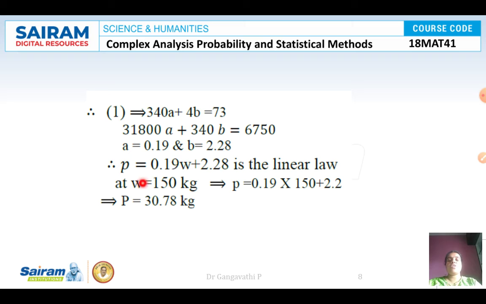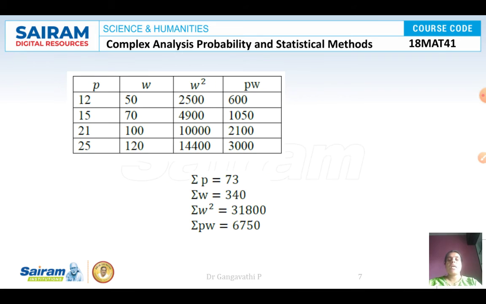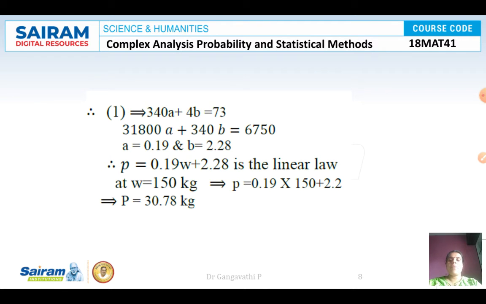The given equation was, what was the given equation? P is equal to m into w plus c. So m is the m value, that is the a value, 0.19, and the c value is 2.28.